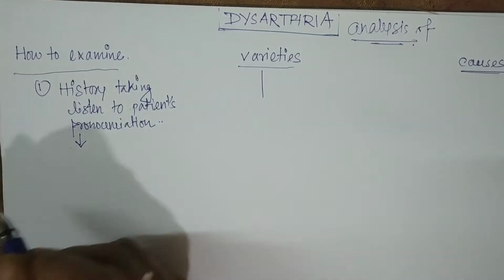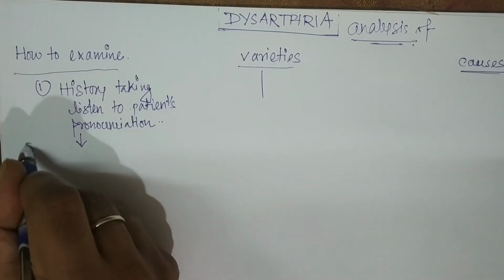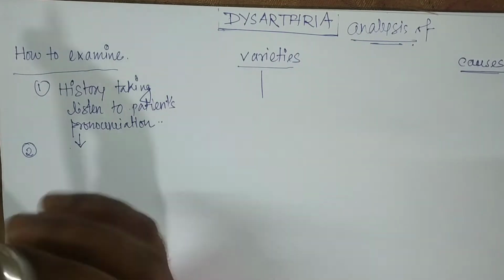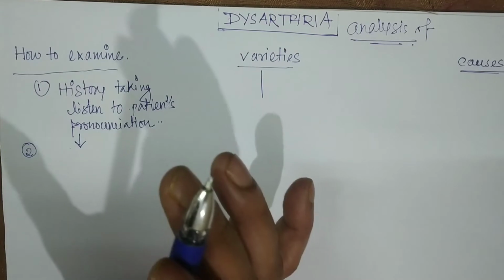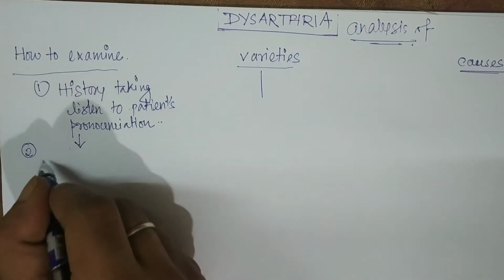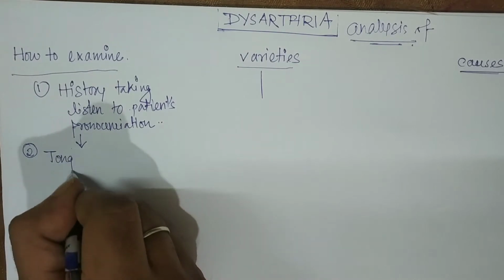So how can we test? We can ask them to repeat certain phrases. They can be from anywhere, from a newspaper, or we can use some tongue twisters.